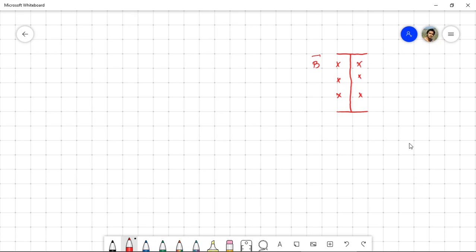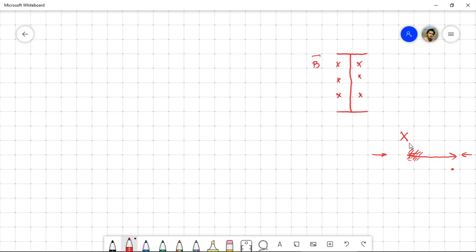The way to remember this is, when you see an arrow from this direction, you will see a cross, and whenever you see an arrow from this direction, you will see a dot coming out of it.